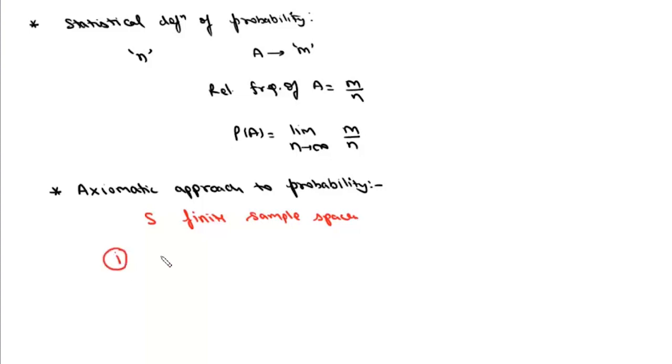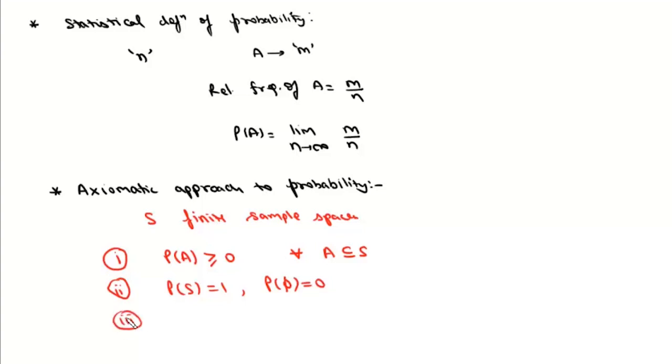First condition is probability of any event A or any subset will be greater than or equal to 0 for all subsets of S. Second condition is probability of the finite sample space is 1 and probability of phi is 0.